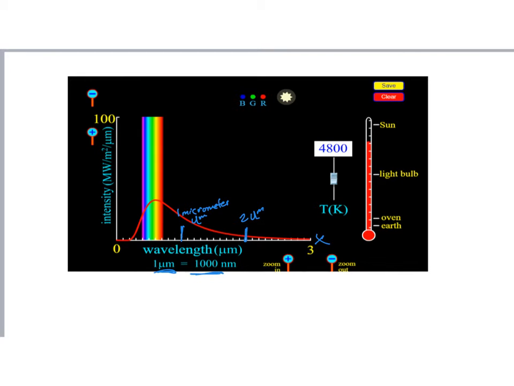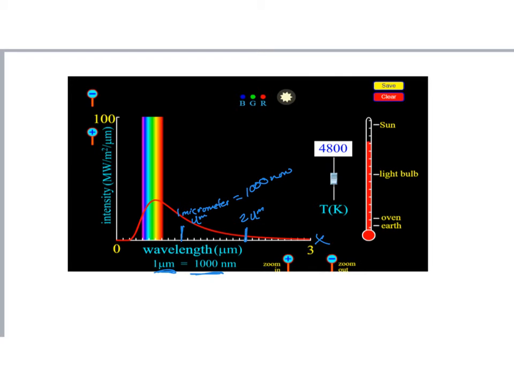And so we know that in between each micrometer, this is also going to be equal to 1,000 nanometers. And for the answer for number 6 on your lab quiz, they're giving you choices in nanometers or micrometers.